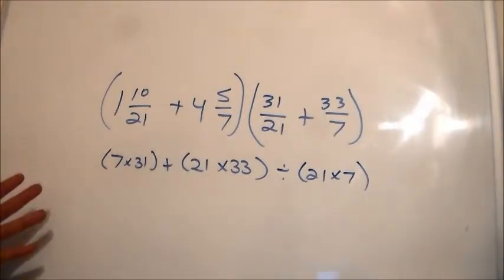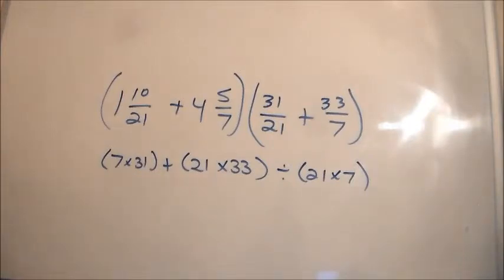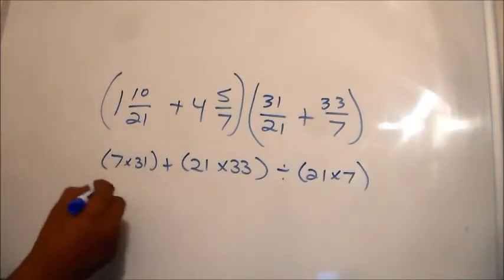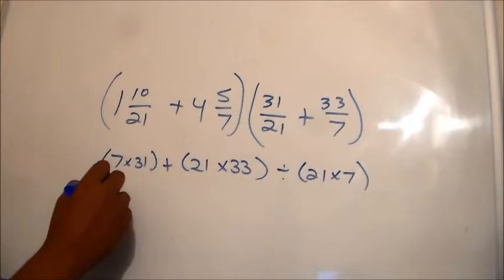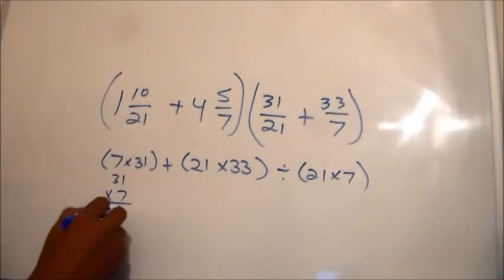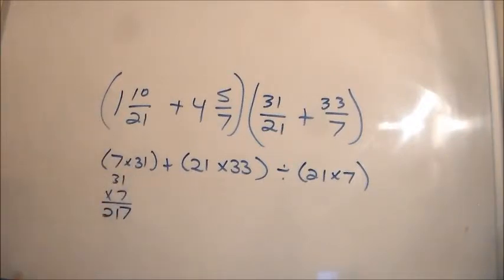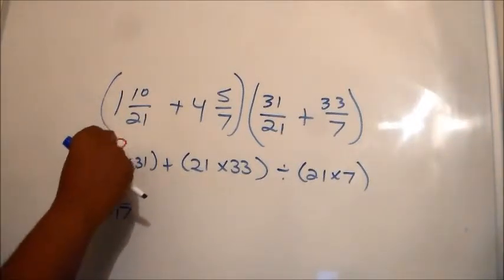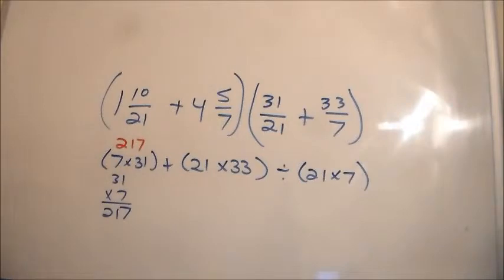Now, I could work this and say, okay, 31 times 7, 217. All right, so this is 217.